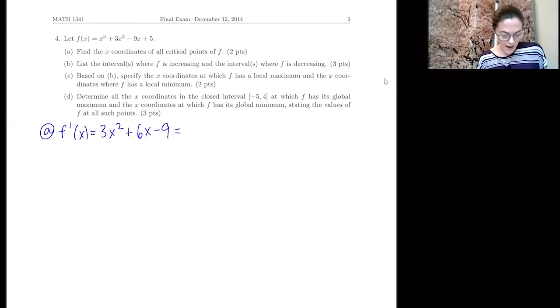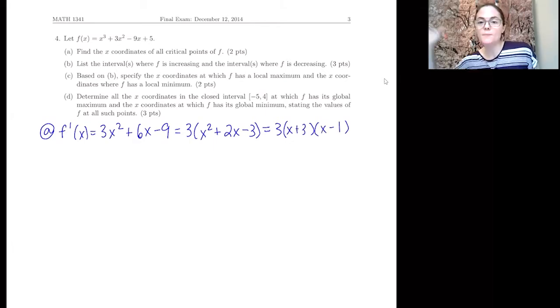Let me factor out a 3. We have x squared plus 2x minus 3. And then this factors into, let's see, I believe plus 3 and minus 1. Now let's check. Multiply 3 and minus 1, you get negative 3.